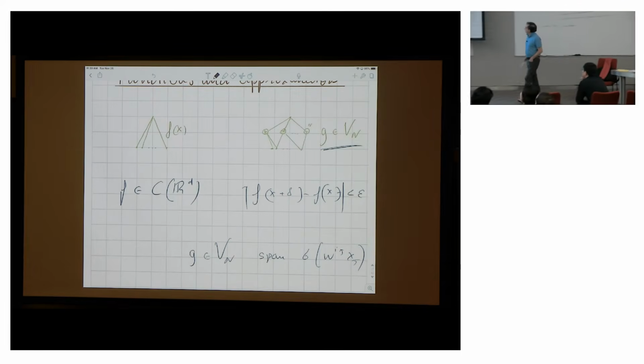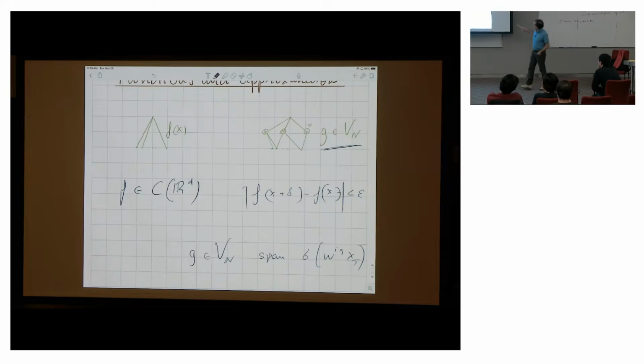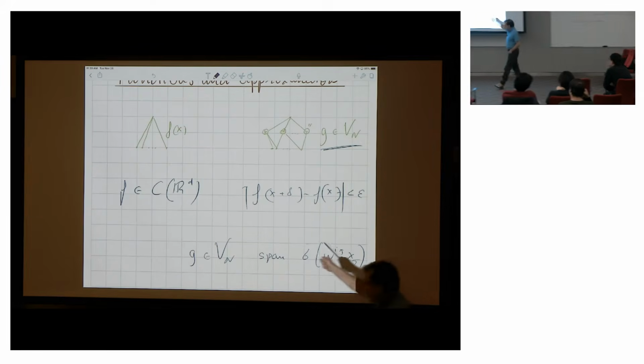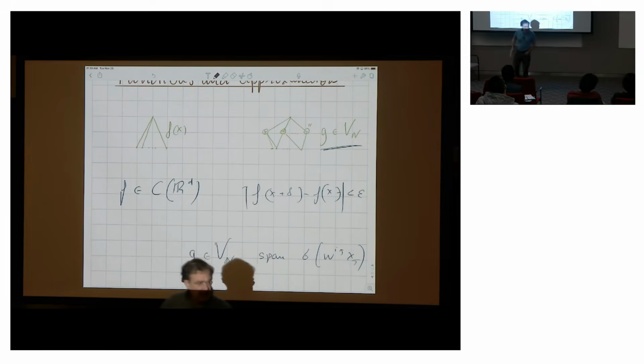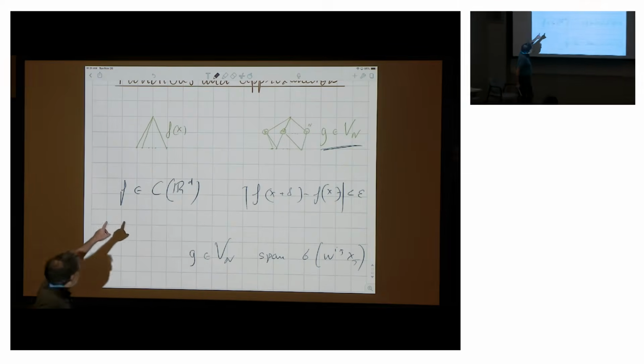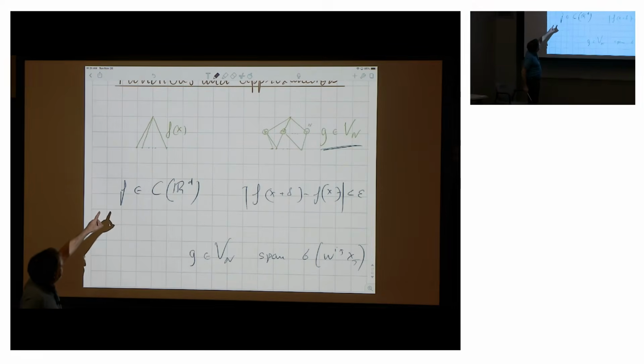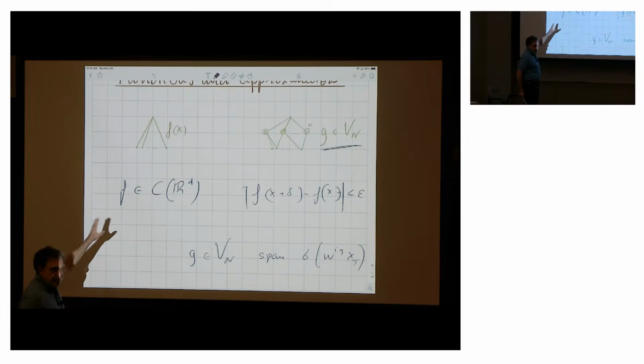In approximation theory, you have to define your target, which will be the function you approximate. And here I indicate up there a generic function f of x with a real valued output. It's just a one output function in R^d.